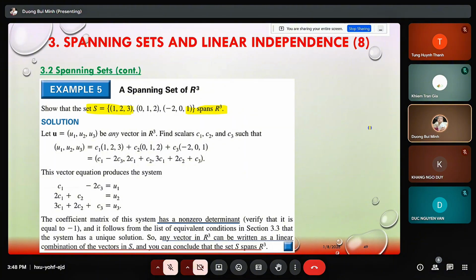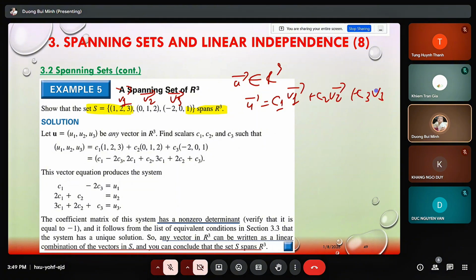Yes or no? So now any vector U belonging to R3, you can write U as C1 times V1 plus C2 times V2 plus C3 times V3.